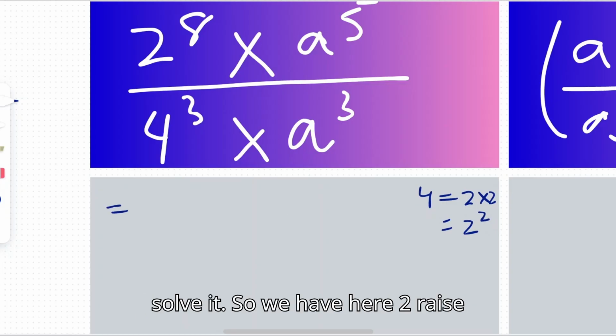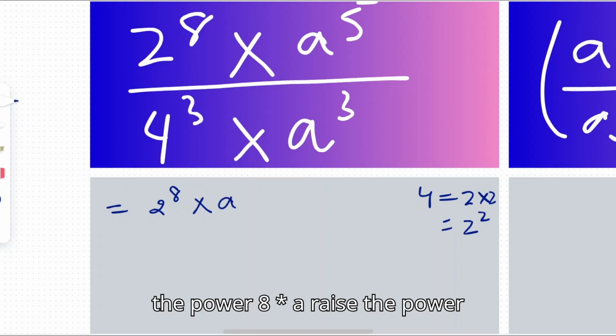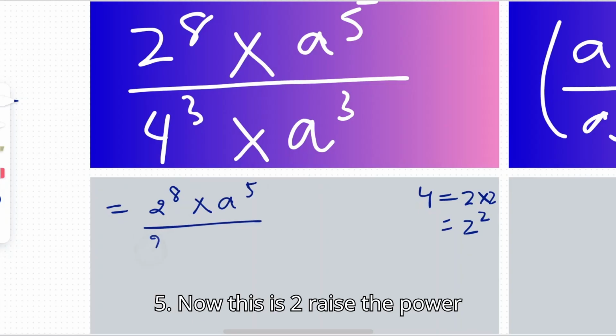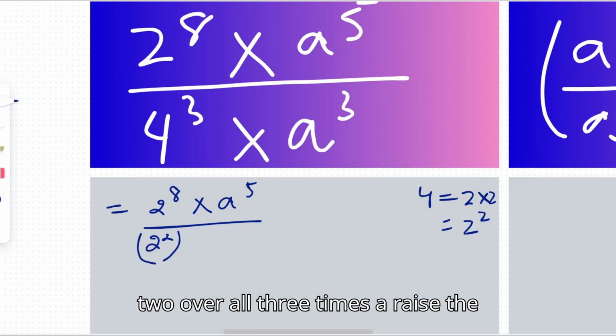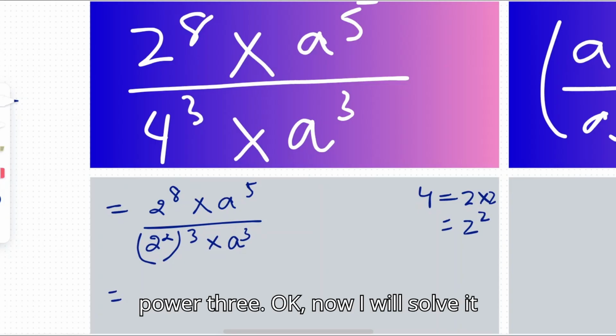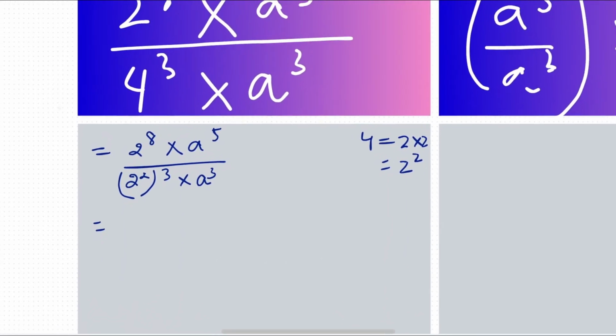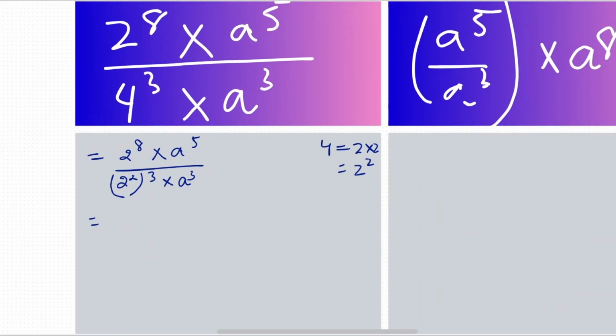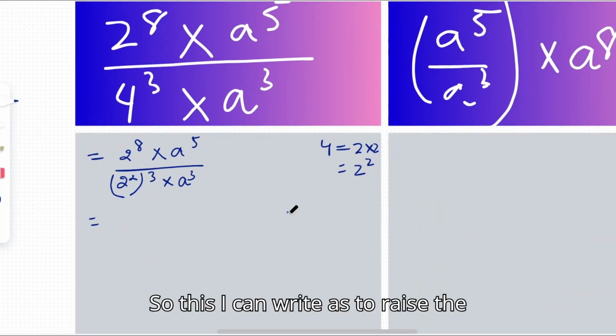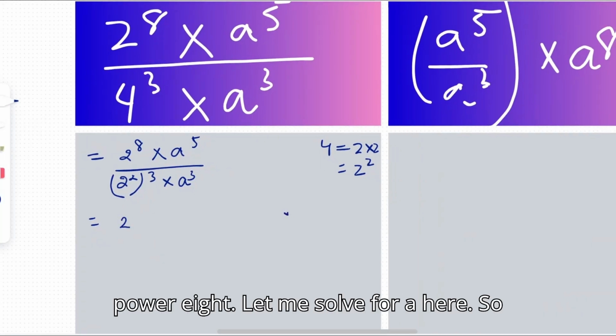So let's solve it. So we have here 2 raised to the power 8 times a raised to the power 5. Now this is 2 raised to the power 2 overall 3 times a raised to the power 3. Okay, now I will solve it further. So this I can write as 2 raised to the power 8. Let me solve for a here.